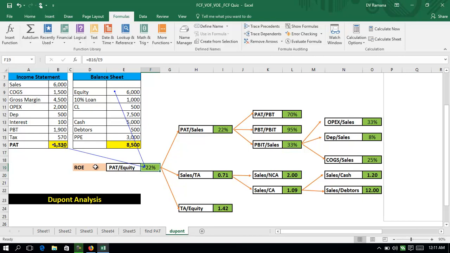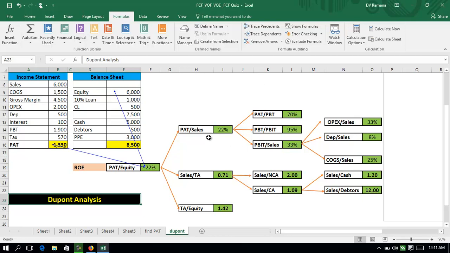So there is a possibility that the items can be measured and managed to increase the PAT by equity. So DuPont analysis is not therefore the end by itself, but a means to an end in the process. We try to understand the impact of all these ratios on the return on equity.